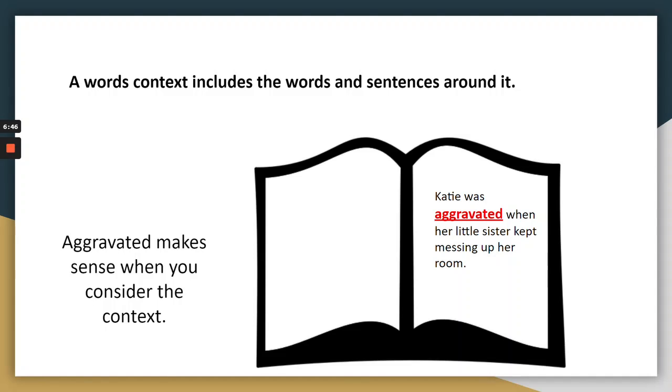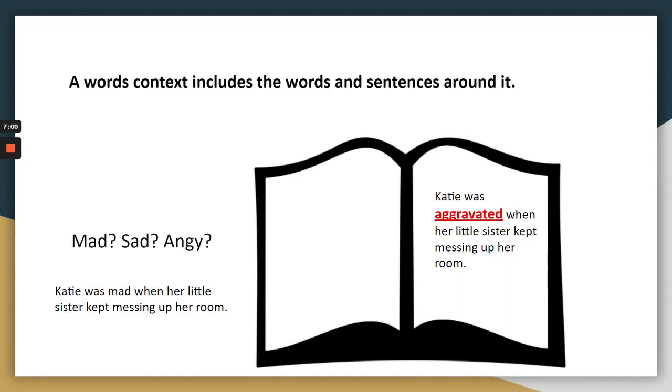Aggravated makes sense when you consider the context, the setting, and basically paint a picture in your mind of what is going on to help you figure out what the word aggravated means. Was she feeling mad, sad, angry? Well, it makes sense to say that Katie was mad or angry when her little sister kept messing up her room.